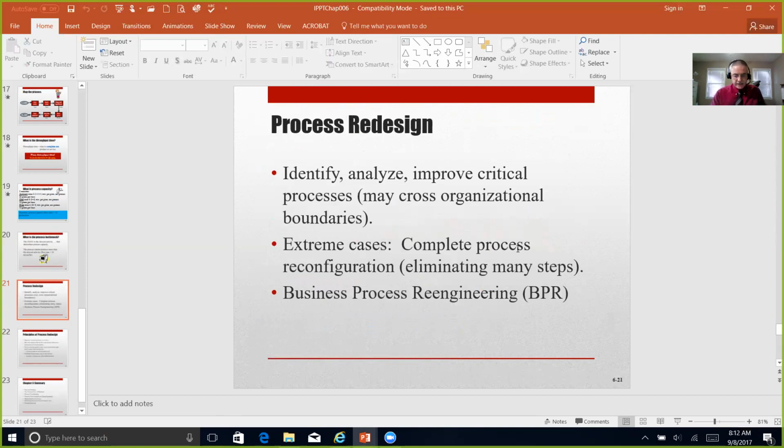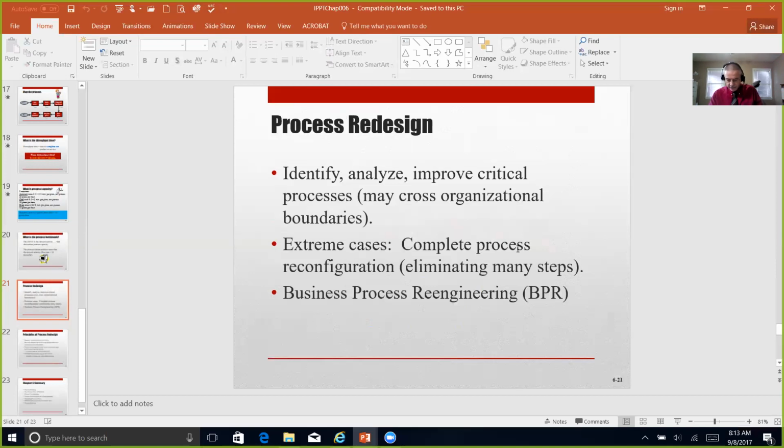And through automation, they were able to improve the overall process through that. When you think about process redesign, it really is a radical redesign when processes simply cannot be improved in small steps and require a complete redesign to improve them in a major way.